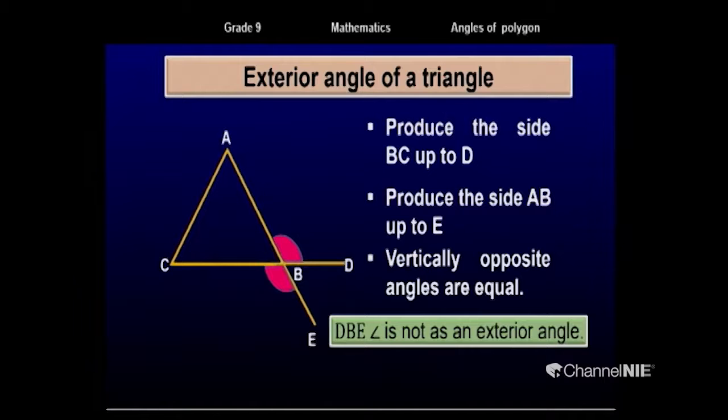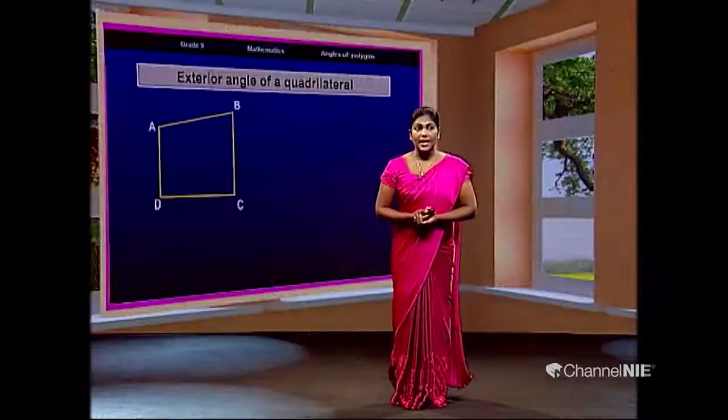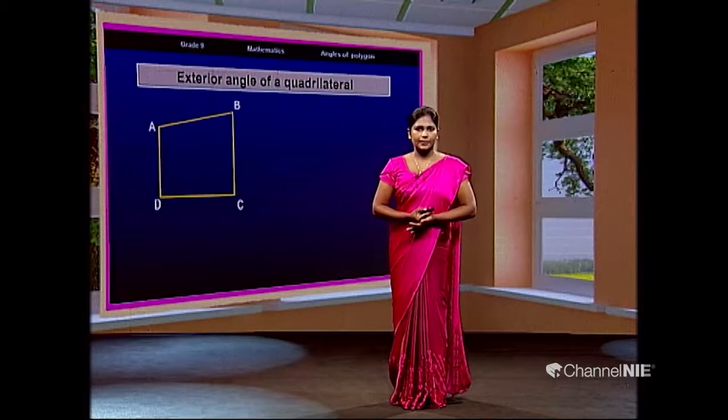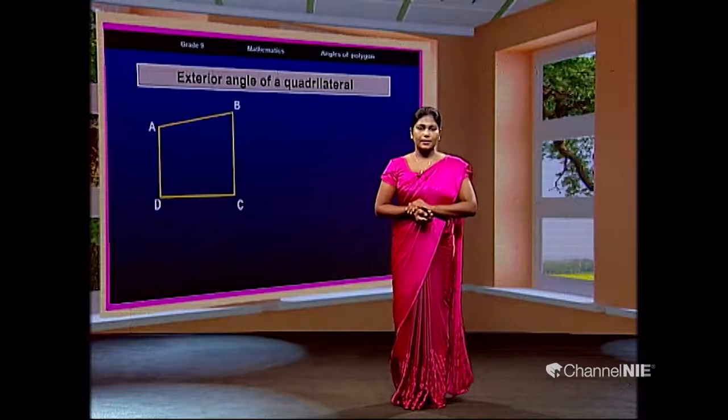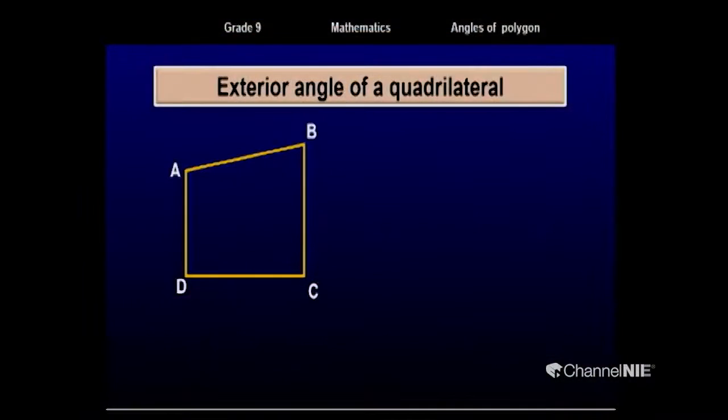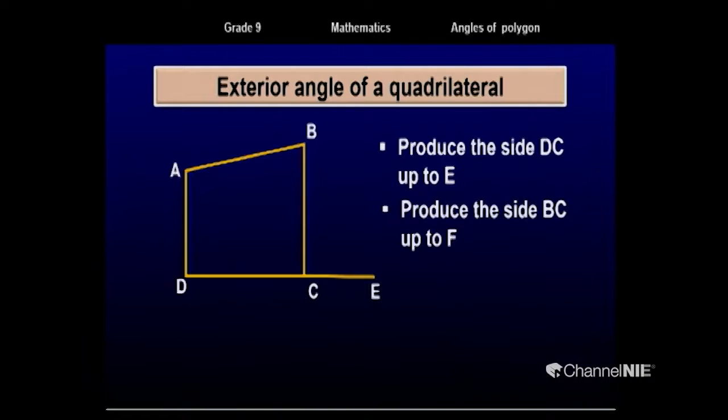What about the quadrilateral? Look at that diagram. Now we talk about exterior angles of a quadrilateral. Quadrilateral means there are 4 sides and it is a closed plane figure. Now I produce the side DC up to E and also produce the side BC up to F, then you can obtain exterior angles.